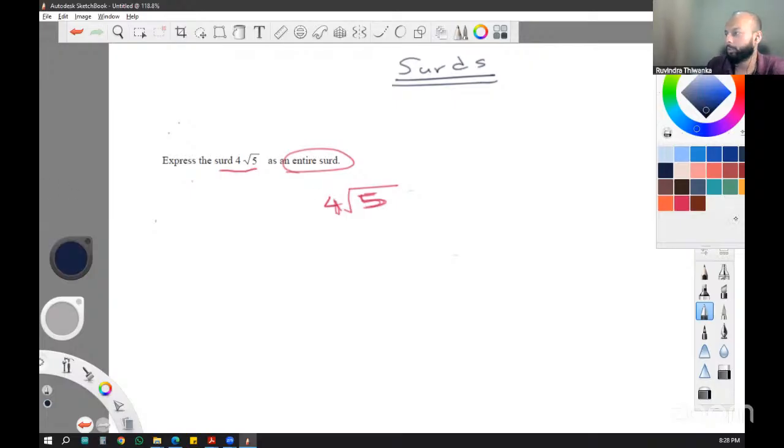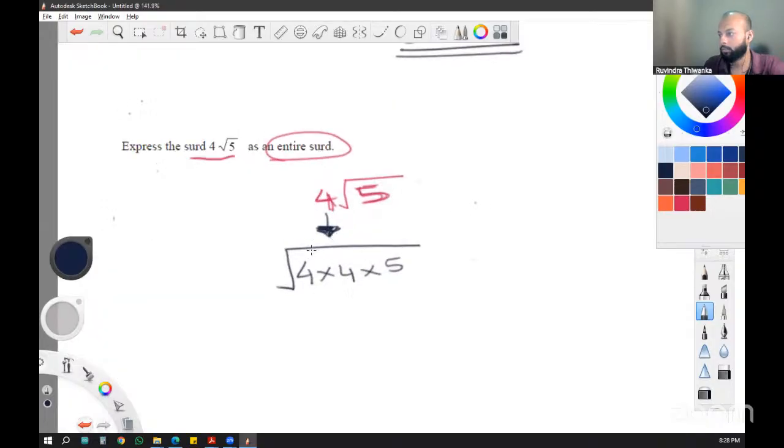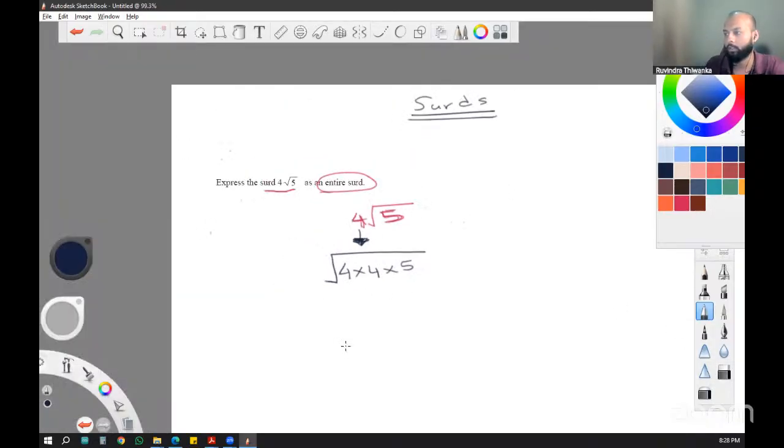Okay, I'll show you how to do this. Just like I told you before, take the 4 and multiply by itself and multiply by the number in the surd.